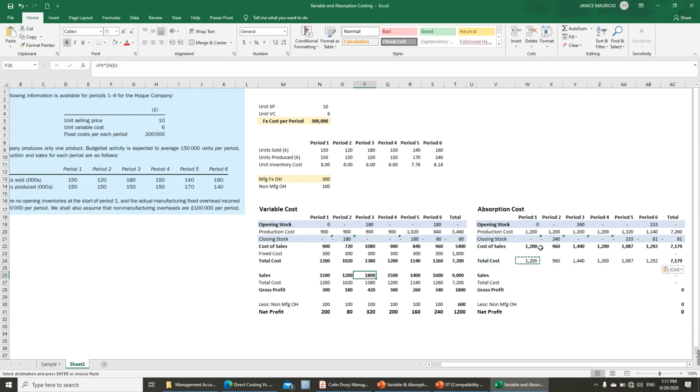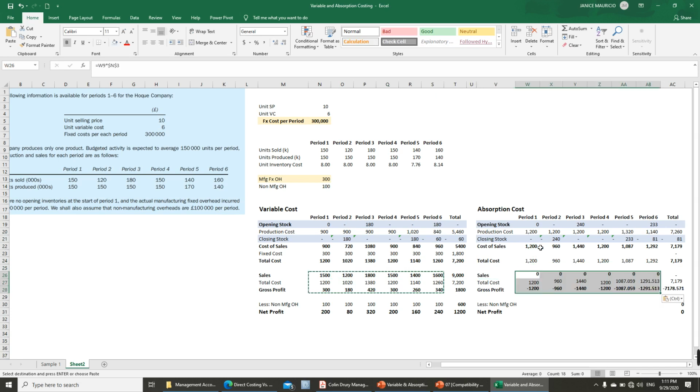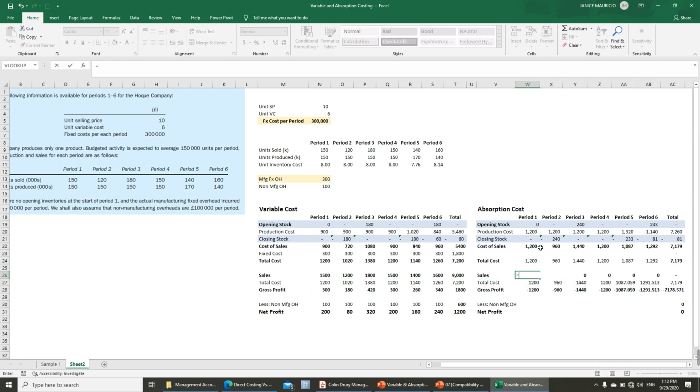Now, same banana, your sales and cost of sales and gross profit formula should be the same. Sales is units sold times unit selling price, and then again we will fix it. Okay. Ayan.